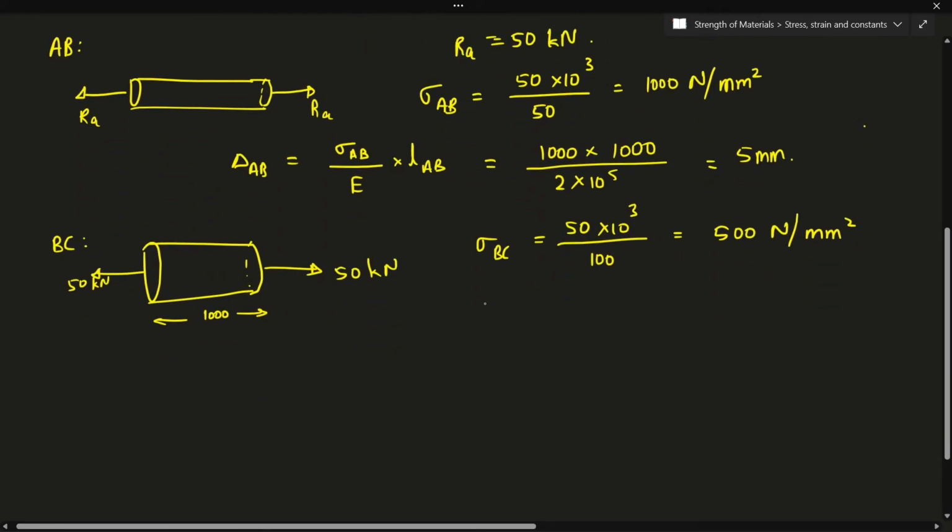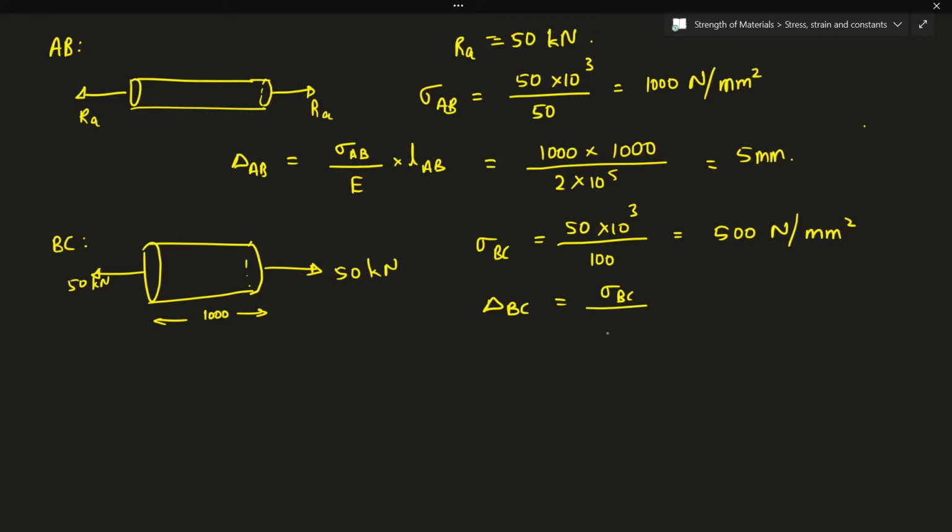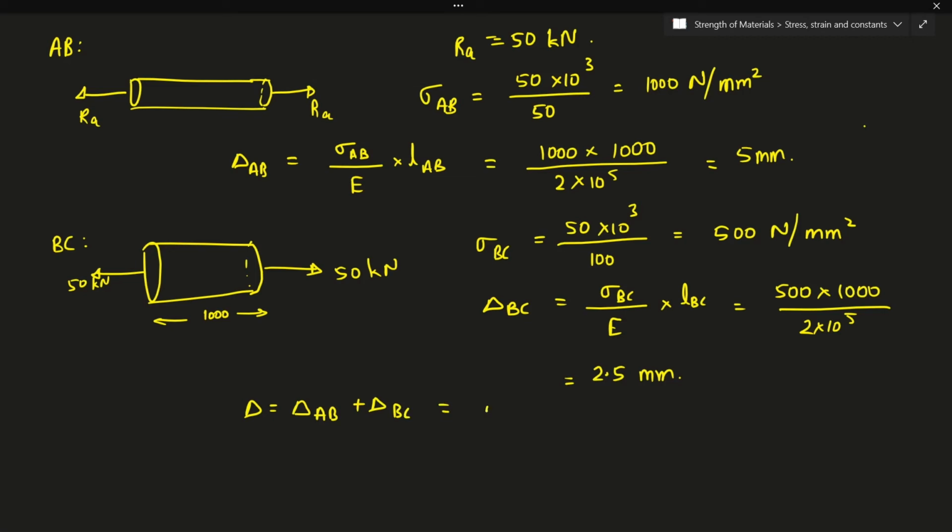Now delta BC is again given by sigma BC divided by E into L, the length of BC, so which is nothing but 500 into 1000 divided by 2 into 10 to the power of 5, which is nothing but 2.5 mm. Now the total elongation of the body will be given by delta AB plus delta BC, which is nothing but 5 plus 2.5, which is nothing but 7.5 mm.